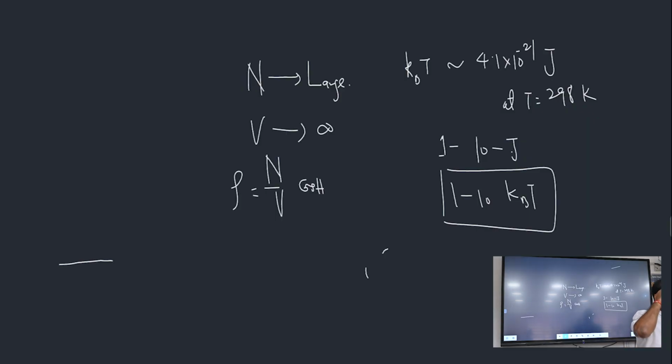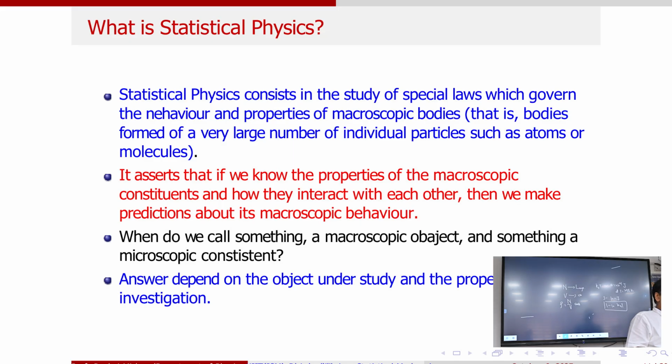Actually, our previous knowledge tells us that if you want to calculate the properties of a system, why are we going to formulate a new set of rules? We already know classical mechanics. We can solve the Newtonian equation of motion, or if the quantum particles are there, then you can solve the Schrodinger wave equation. But solving Newtonian equations for one particle is okay.